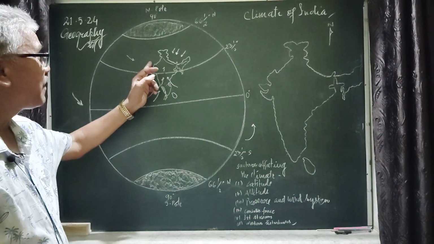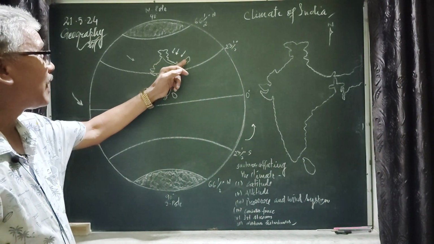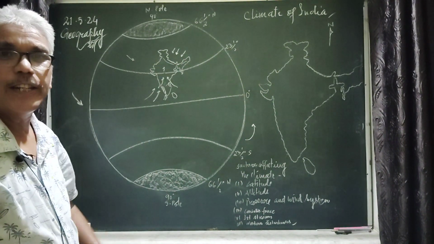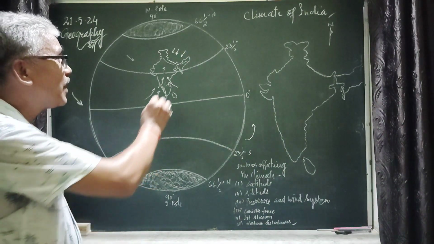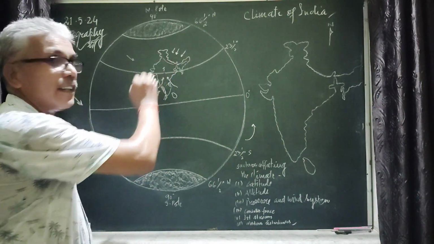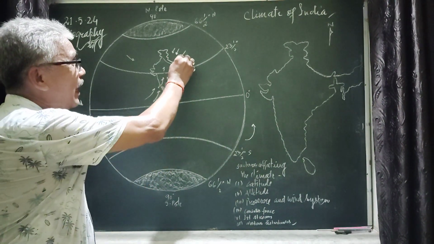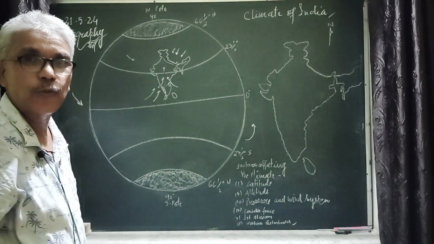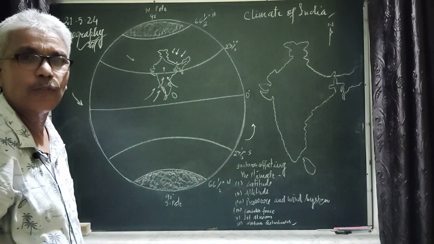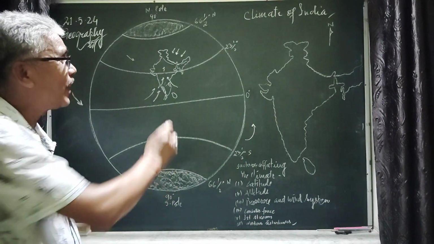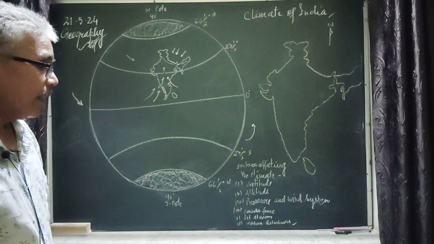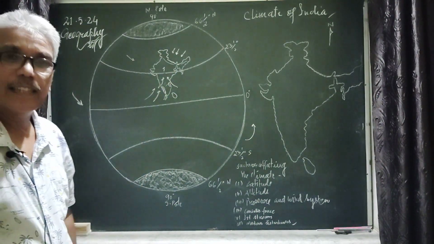That is the reason that Delhi and Darjeeling, both situated on the same latitude, differ: Darjeeling is cooler than Delhi. It is because of the altitude, because Darjeeling is situated at a higher altitude. Next, pressure and wind system.